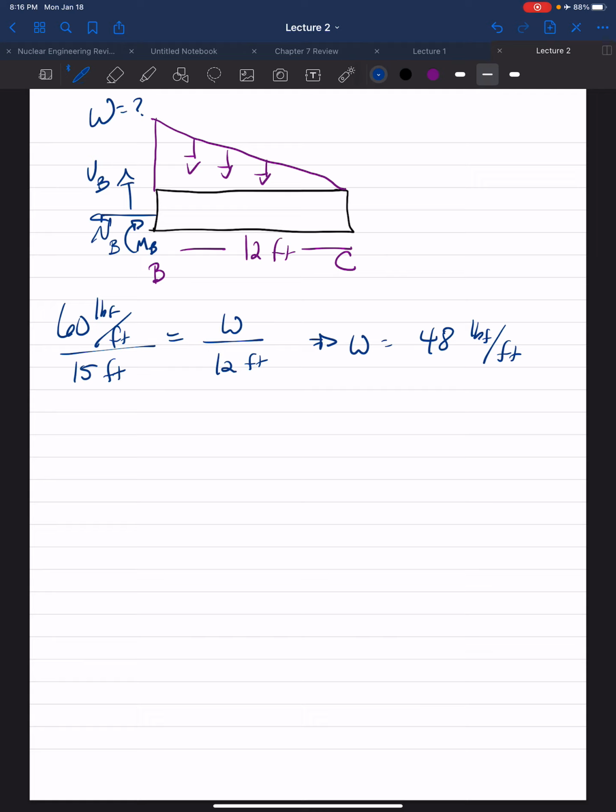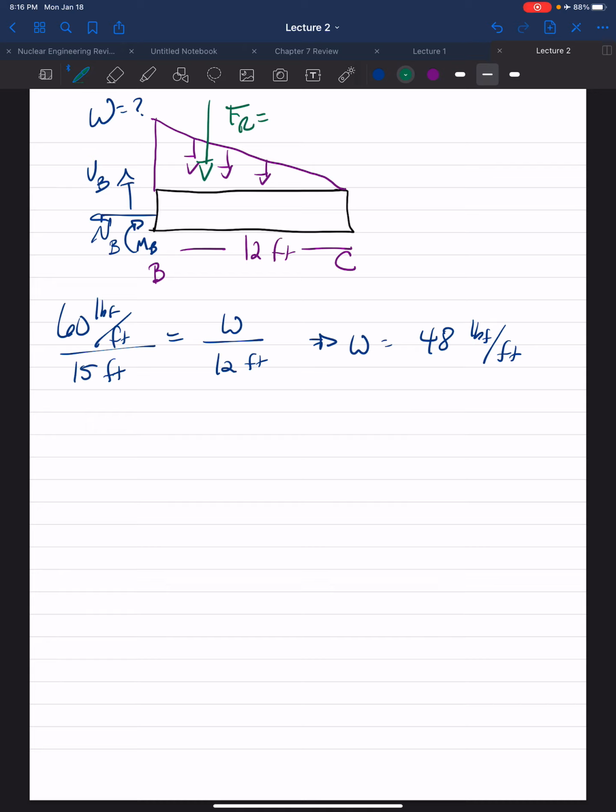Now we need to represent this distributed loading as a resultant force. We know from our Appendix B, it occurs 1/3 on the larger side of the triangle where the resultant force represents for a triangle, and it's equal to the area under the distributed loading curve.